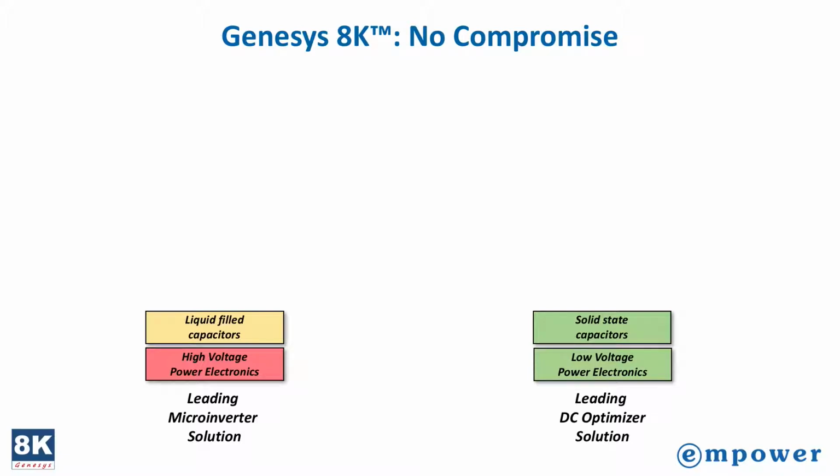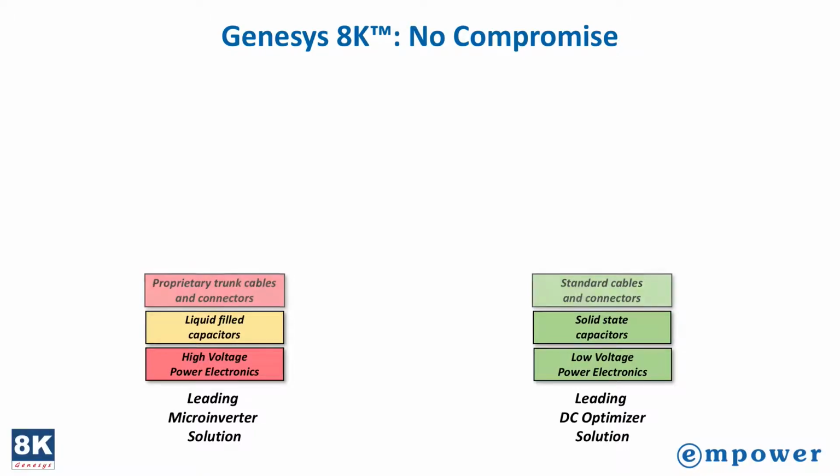Solid-state capacitors are inherently durable, but these high-reliability capacitors cost more. The leading microinverter solution makes use of liquid-filled capacitors, and the leading DC optimizer solution relies on solid-state capacitors.